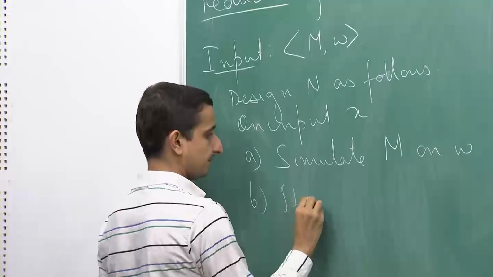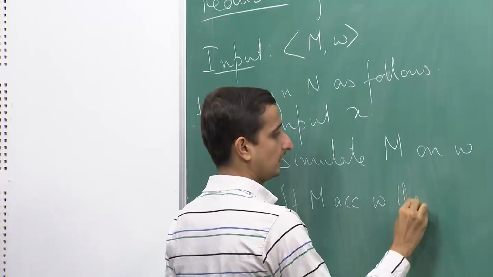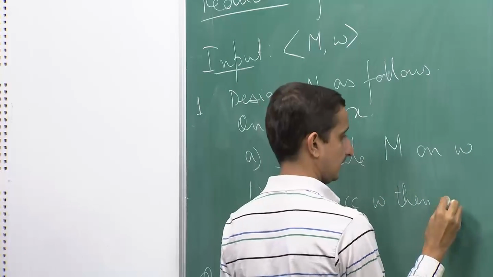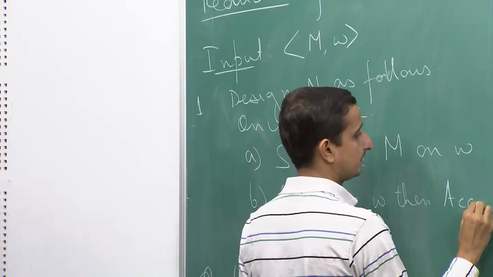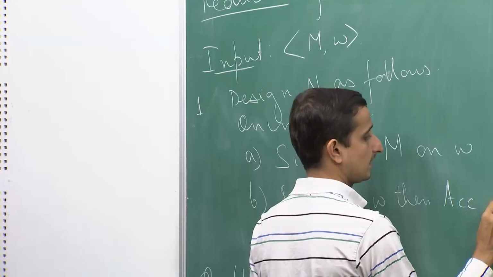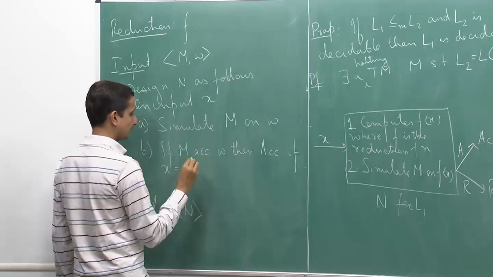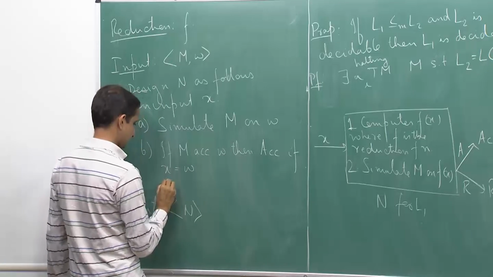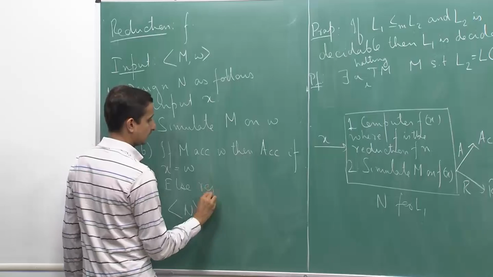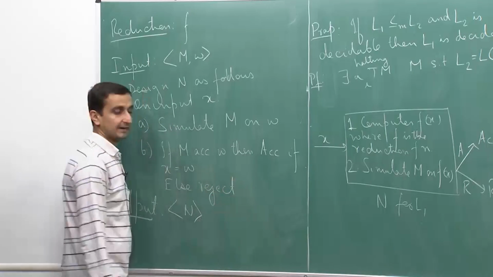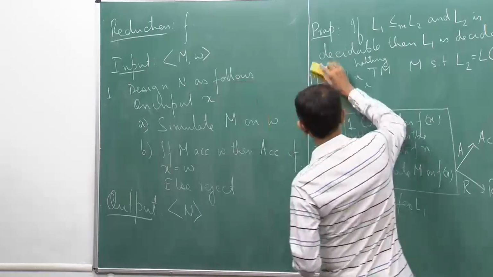If M accepts w, then accept if x is equal to w, else reject.